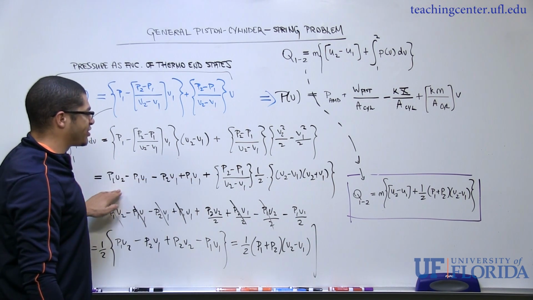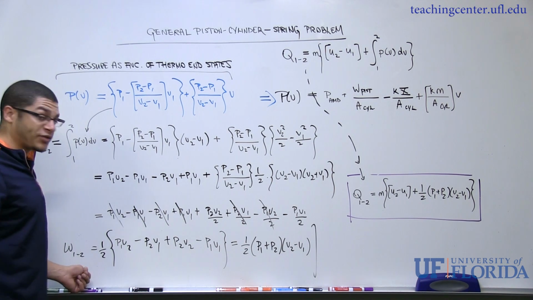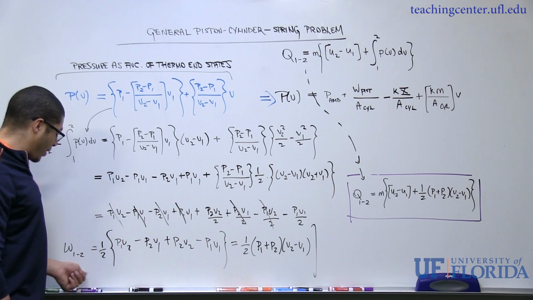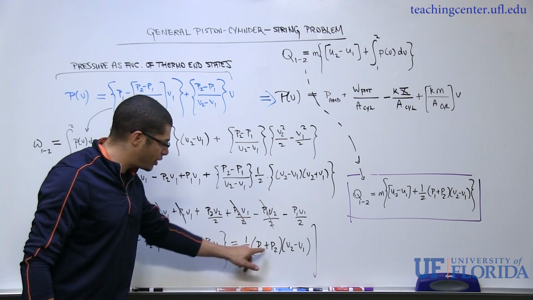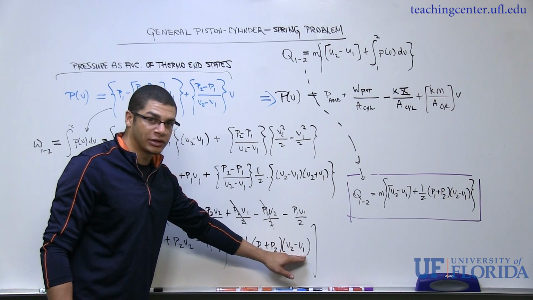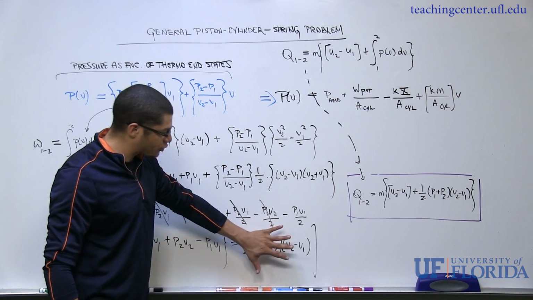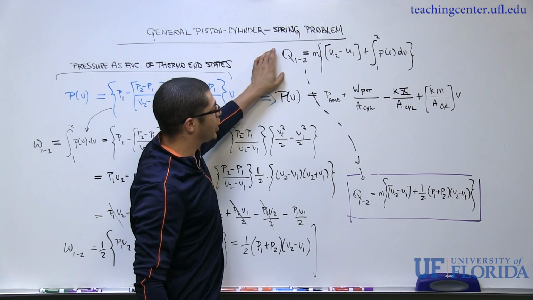So further algebraic simplification from this point leads us to an expression for the specific work done by or on the fluid from 1 to 2 as 1/2 times the quantity P1 plus P2 times the quantity little v2 minus little v1.